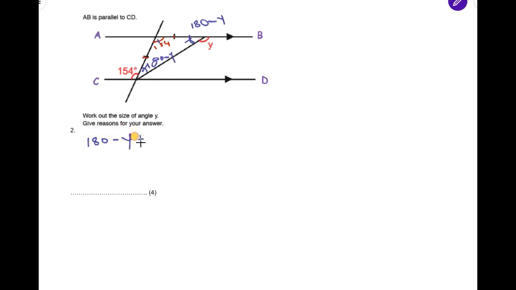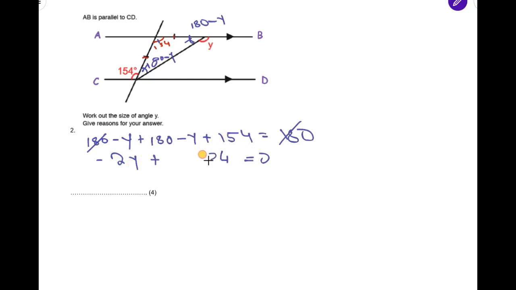The sum of the interior angles of a triangle always gives you 180. So 180 minus y plus 180 minus y plus 154 is equal to 180. We can cancel 180 and 180, so it is giving us 2y plus 154 equals 180 and you can shift it up.